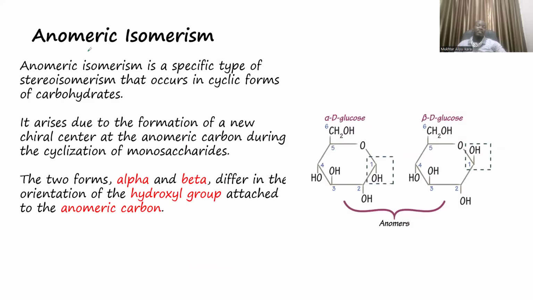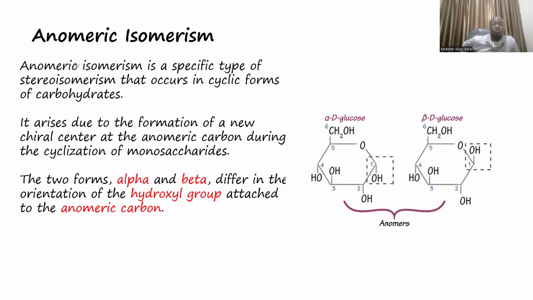The next thing is anomeric isomerism, which is also very important. Anomeric isomerism is a specific type of isomerism that occurs in cyclic forms of carbohydrates, so it is only found in cyclic structures.